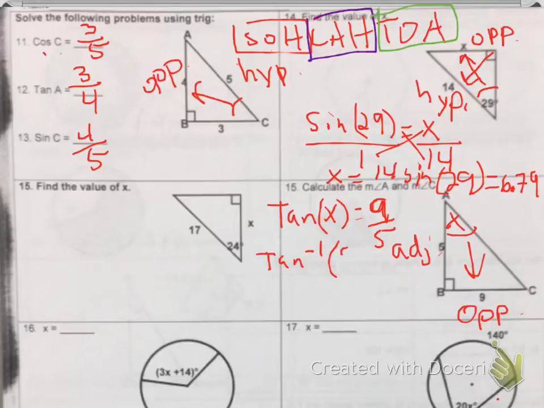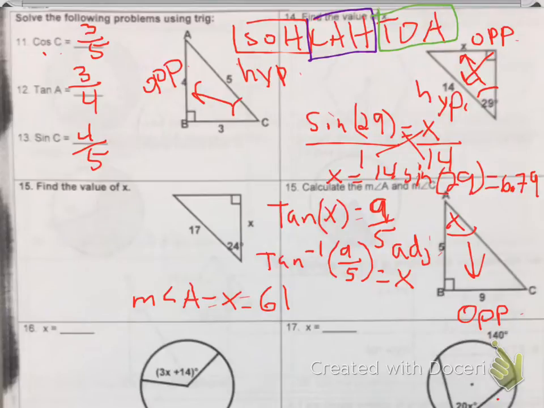I'm going to plug the fraction in the place of where x was, and that is going to give me what x is. And so when I do this on my calculator, for angle A, I'm going to get 61 degrees. So x is 61, which is really the measure of angle A.